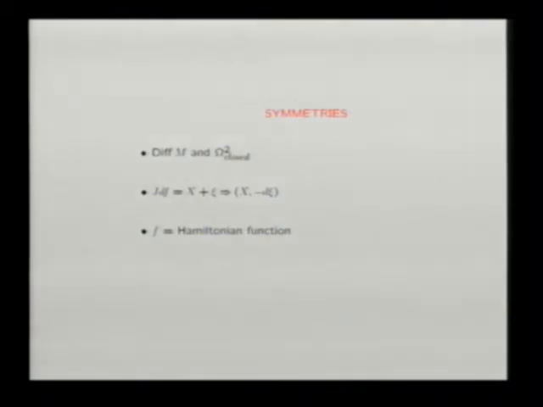And again, as I said before, you can pull things around with diffeomorphisms, just as you can in ordinary differential geometry, but you also have closed two forms. And this fits into the generalized complex picture very well, because it says that if you take any function f, and take d of it, so that's a section of T plus T star, then you apply J to it, and that gives you a section of T plus T star, so it gives you a vector field and a 1 form.